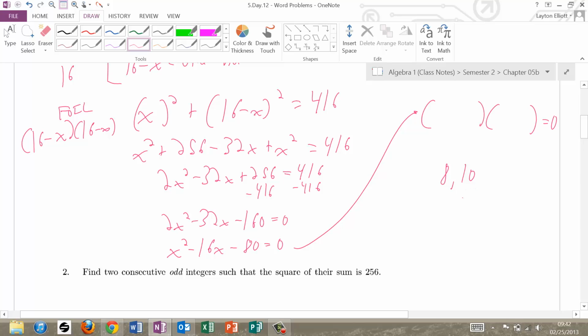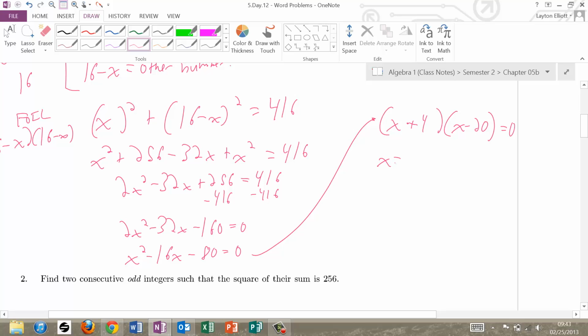That's not going to get me to 16. Let's try 4 and 20. Okay, that's going to work. If I do x plus 4 and x minus 20, then that's going to FOIL to give me a negative 16. So I get x is equal to negative 4, or x is equal to 20.